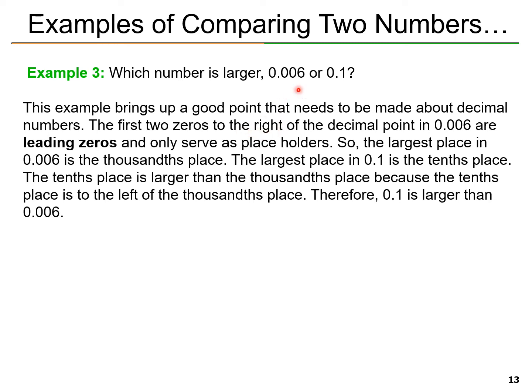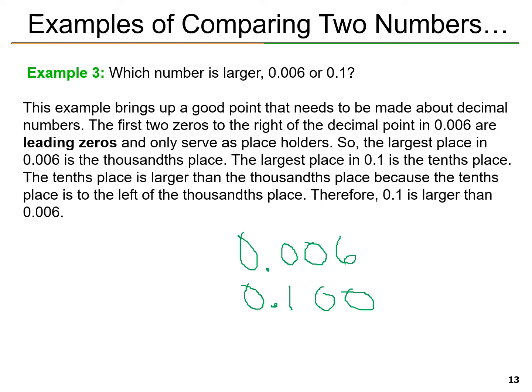Now, sometimes when we are comparing numbers, it helps to make the number of digits the same. For example, we could write down 0.006 and rewrite 1/10 as 0.100. So we have the same number of digits in both numbers.